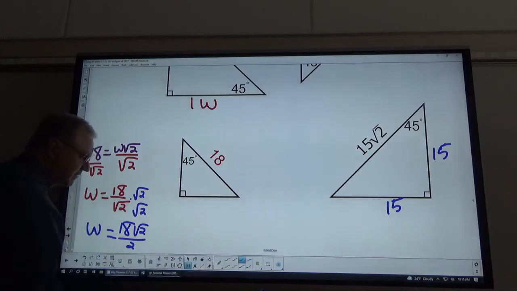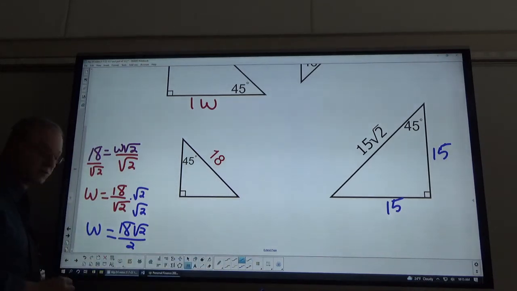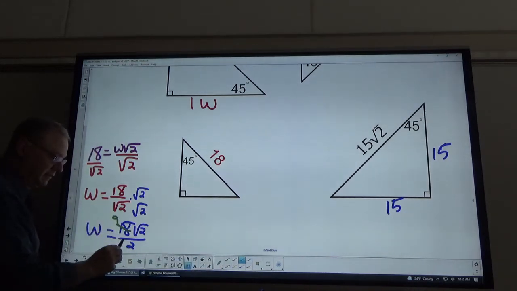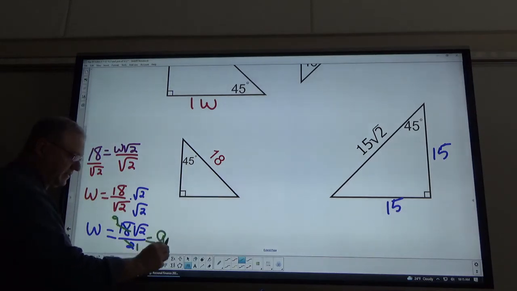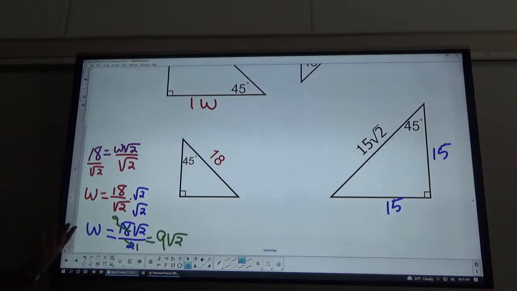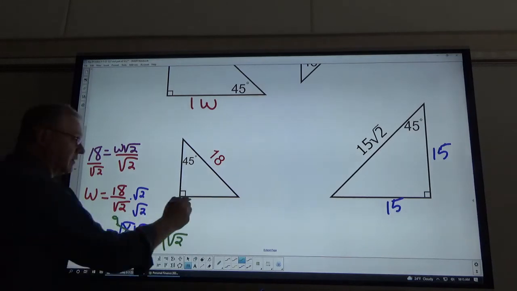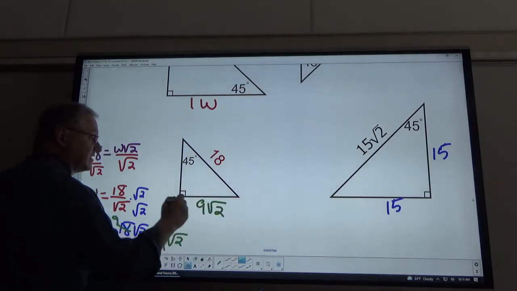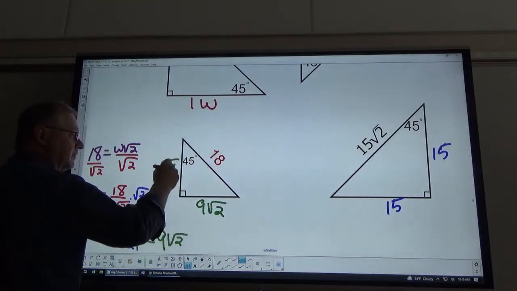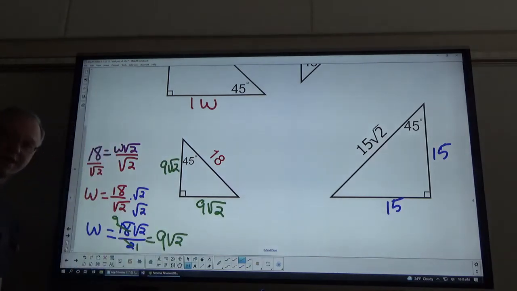Now, what's neat here is 18 and 2 can reduce. 9 and 1. So 9 square root of 2 over 1 is just 9 square root of 2. 9 square root of 2, that's my w. And there you have the whole thing.